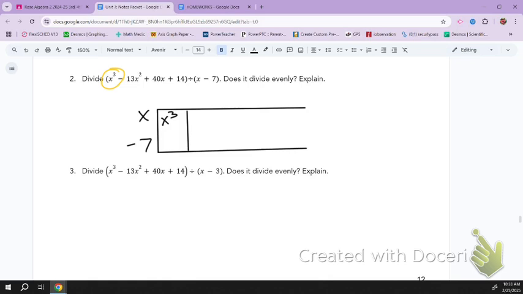Now I'm just reversing. I'm trying to go backwards. So x times what has to give us x cubed? Good, x squared. And then this is going to become negative 7x squared. And these two boxes need to add to what? Negative 13x squared.